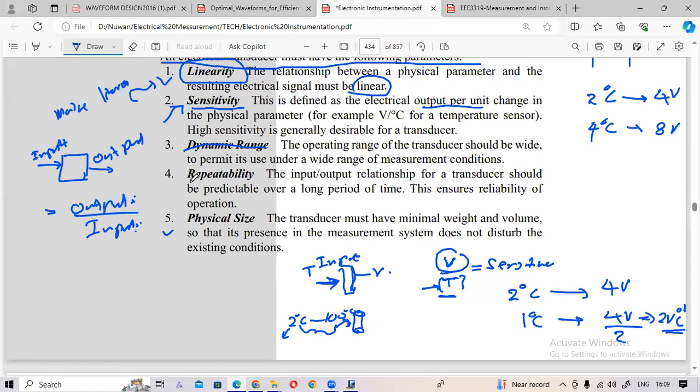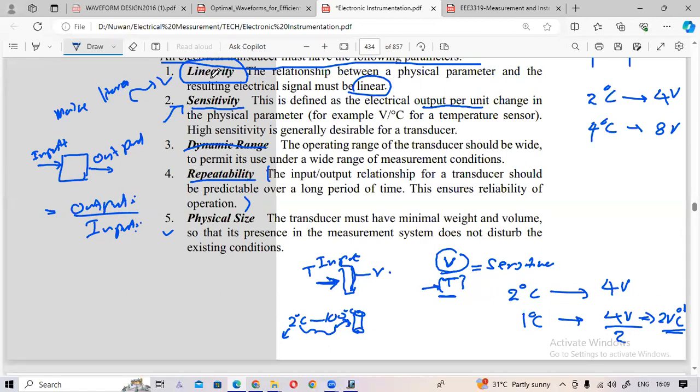And what is repeatability? Okay, the explanation is here. Actually, this parameter is new for me also.